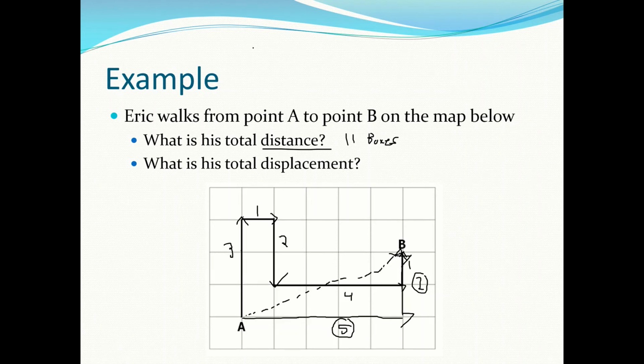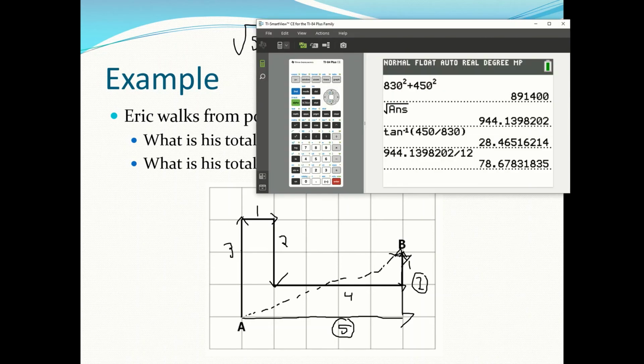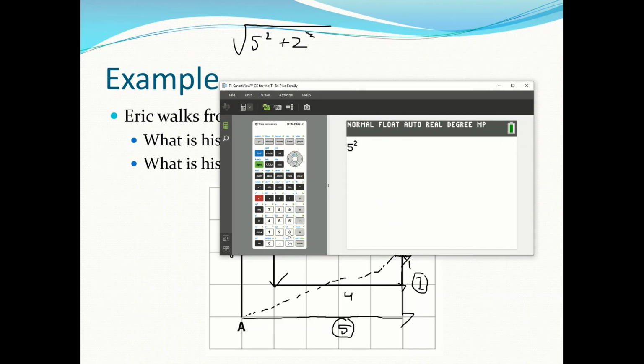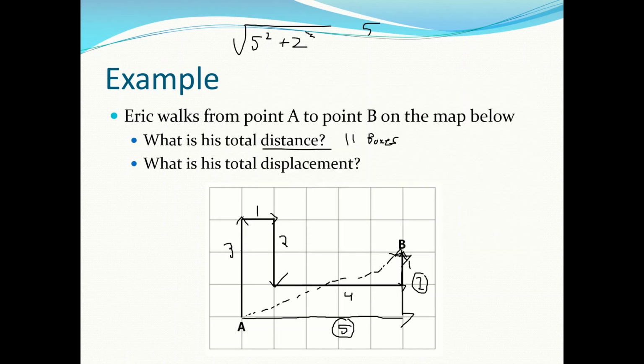So all we have to do to find his displacement is 5 squared plus 2 squared, all square root. And we get 5.4 boxes.